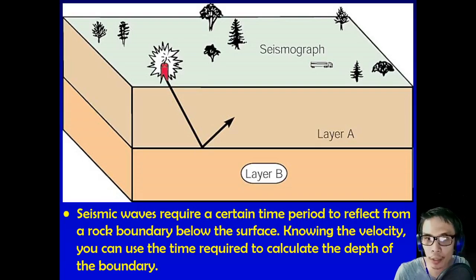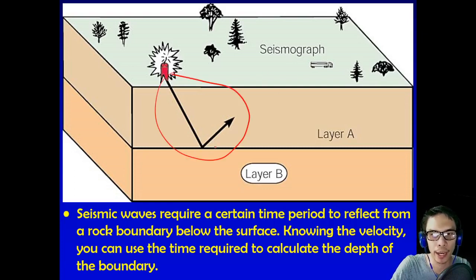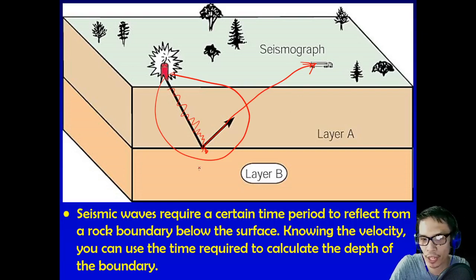In some industries, like the petroleum industry, they use high explosives, and this explosive sets up seismic waves, the ones that you see here. They allow this seismic wave to travel through the material, and if that material cannot allow the wave to pass through, it is reflected and then picked up by the seismograph. Then the seismograph data is interpreted by a computer, which analyzes what kind of layers are in this area.